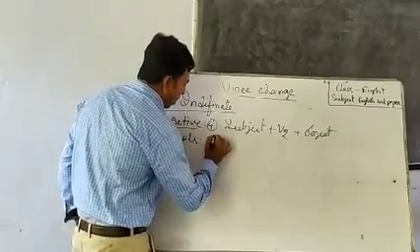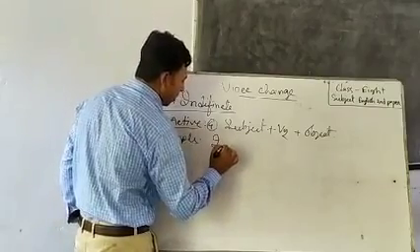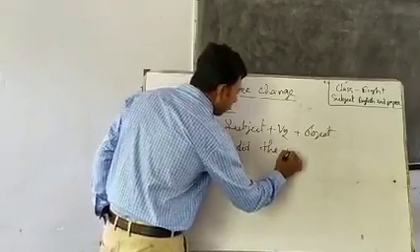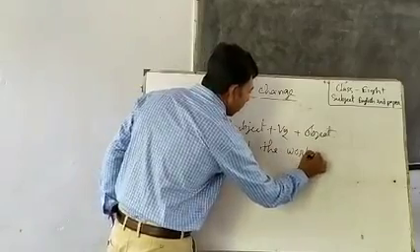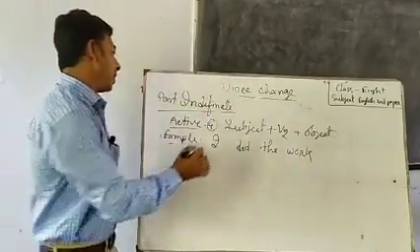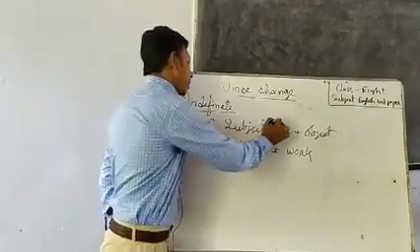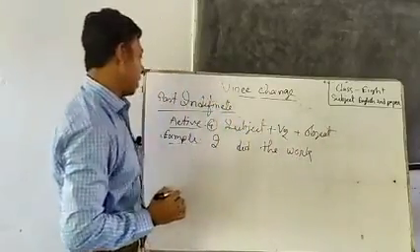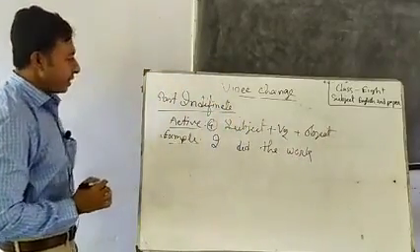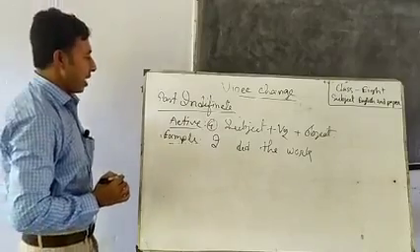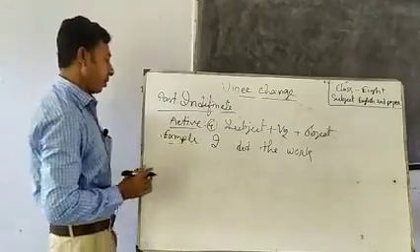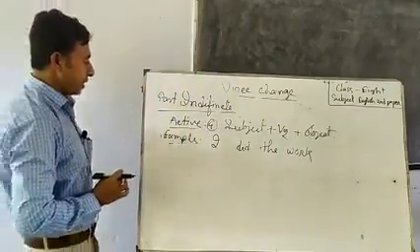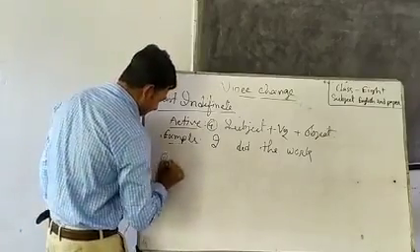Example: I did the work. You see, subject is I, verb is did, and object is the work. It makes a past indefinite tense and which is active also. How to change it? For changing it, I show here a structure.